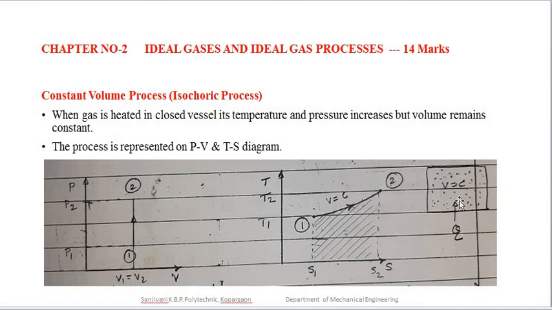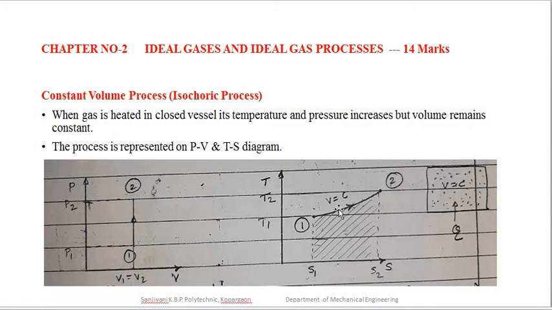When we add heat, certain properties of the gas are going to change. Initially, when we start to add the heat, that condition we call the initial condition, represented by state point number 1. And the final condition, when heat addition is over, we call state point 2.